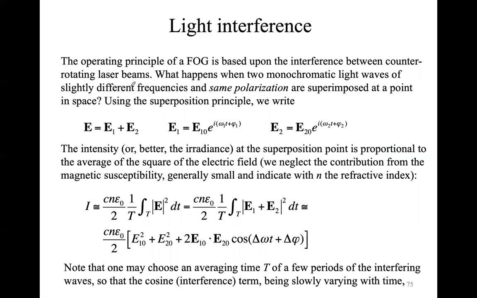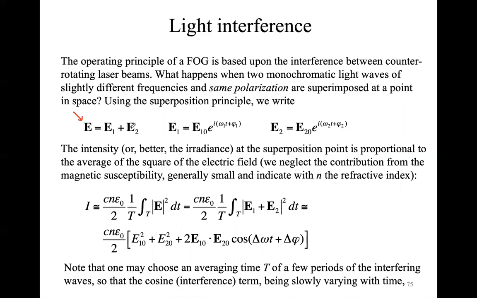What is computed is the irradiance of the signal. Since the two signals have the same polarization, you are able to check the intensity or the irradiance of the signal itself. The intensity of the interference signal is given by the sum of E1 and E2.